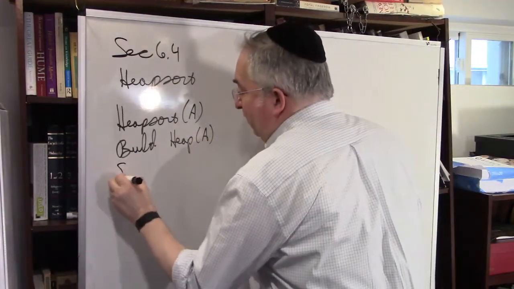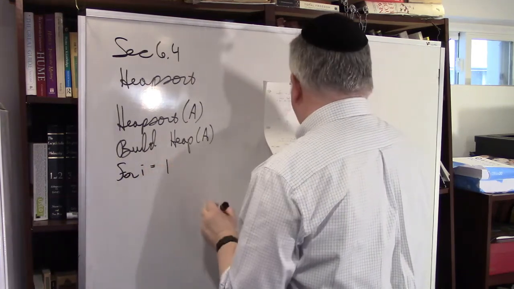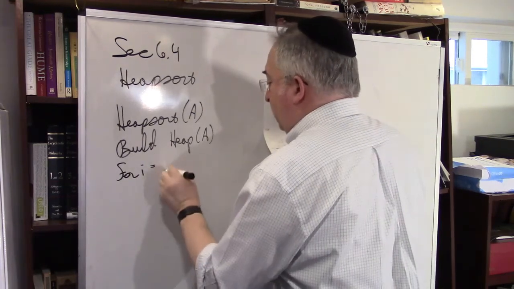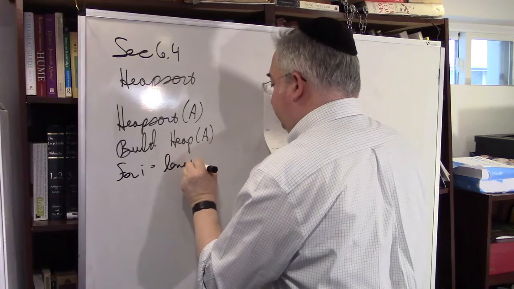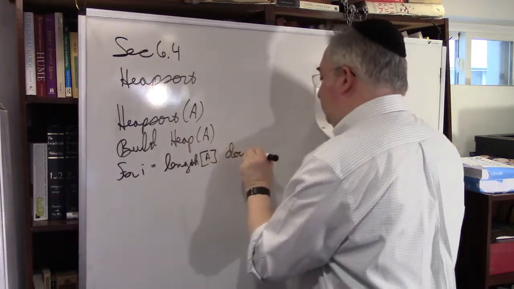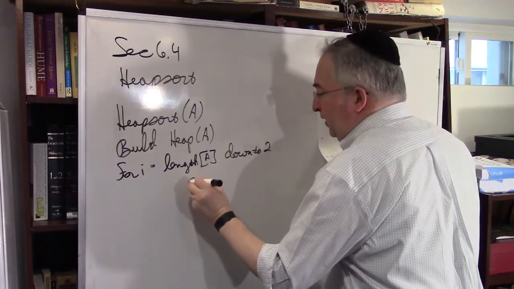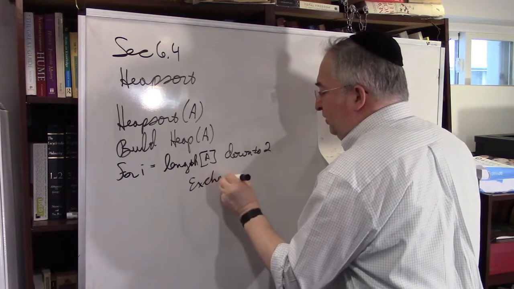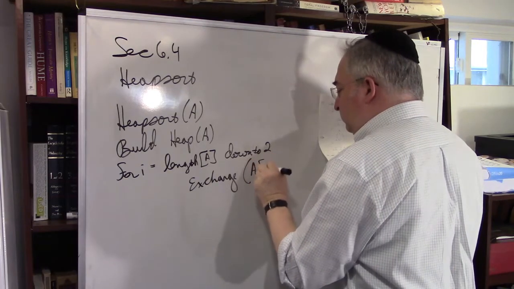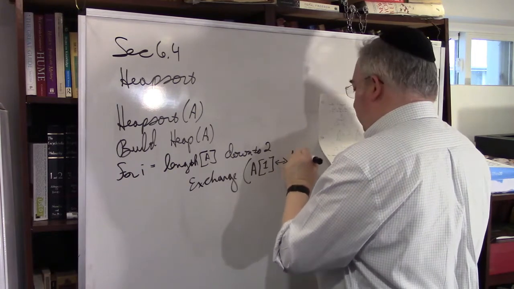Then you do the following. For i equal 1, length of A down to 2, exchange, the book sometimes says exchange, sometimes swap, A of 1 with A of i.